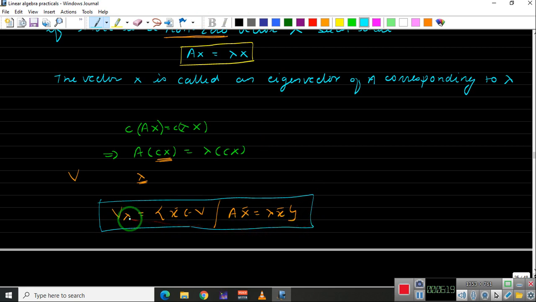What I'm saying is, this is a subspace provided you do something extra to this, and that subspace is called the eigenspace. But as it is, this will not be a subspace. Check why.